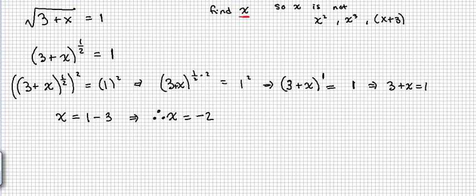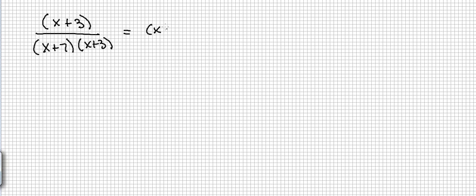Now let's try something a little harder. x plus 3 divided by x plus 7 over x plus 3 equals x plus 9. Okay, so we have x's on both sides now, so this is going to be a little messy. However, it does have some nice consequences we can see right off the bat. So we do not want to FOIL this, and the reason is we have this and this.